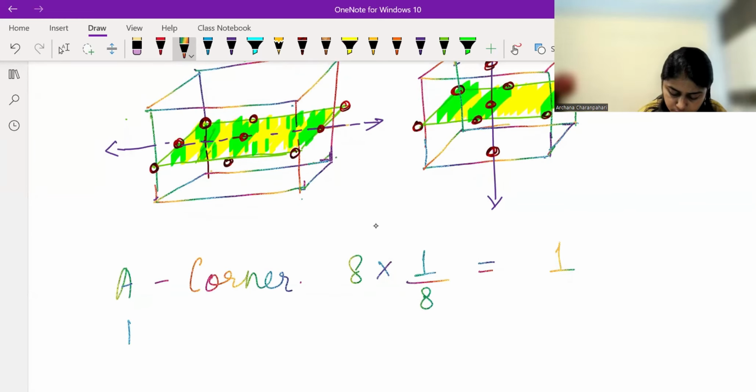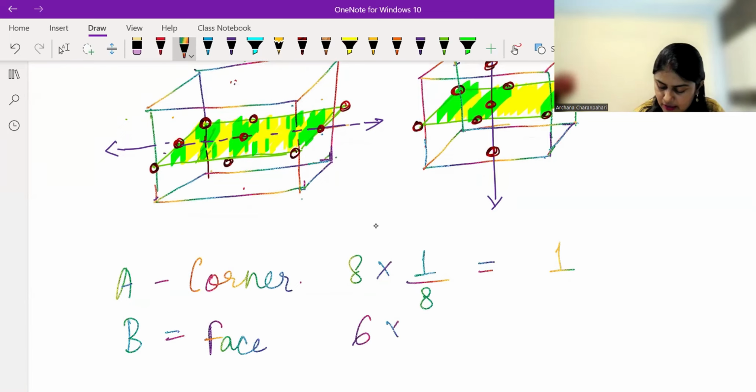Now, how many faces are there? 6 faces are there. You can even count 1, 2, 3, 4, 5, 6. So you have 6 faces, and each face has a contribution of half, because each face is shared by two cubes, right?